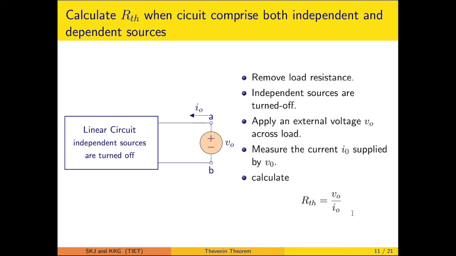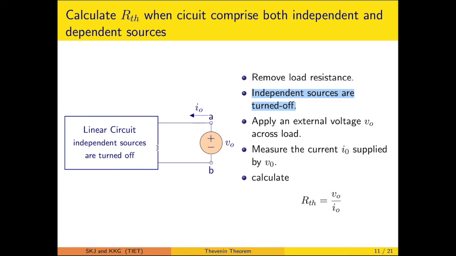Now calculate RTH when the circuit comprises both independent and dependent sources, or only dependent sources. In this, the first step is the same: we remove the load resistance. All independent sources are turned off, so voltage sources are short circuited and current sources are open circuited.